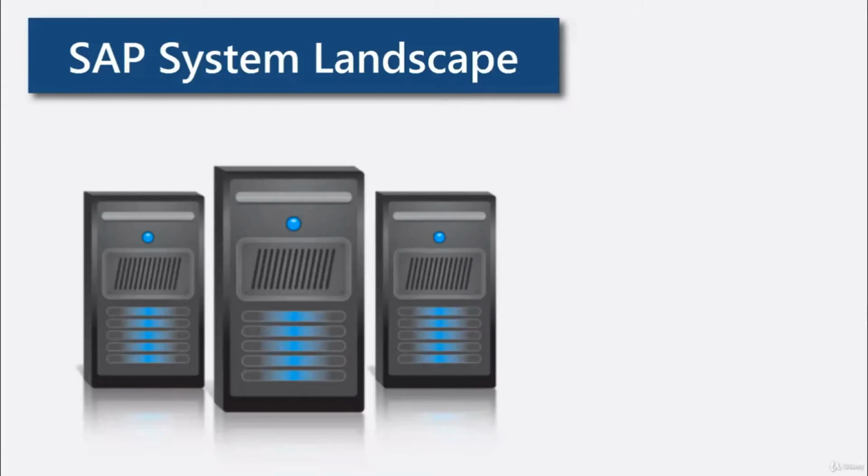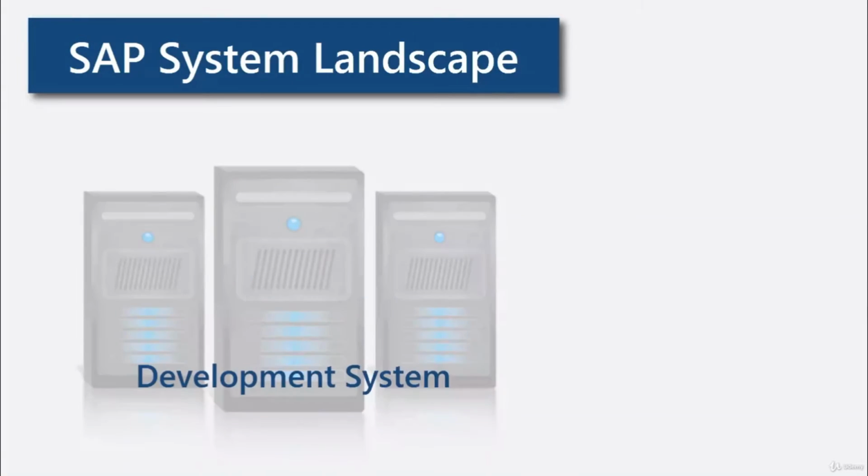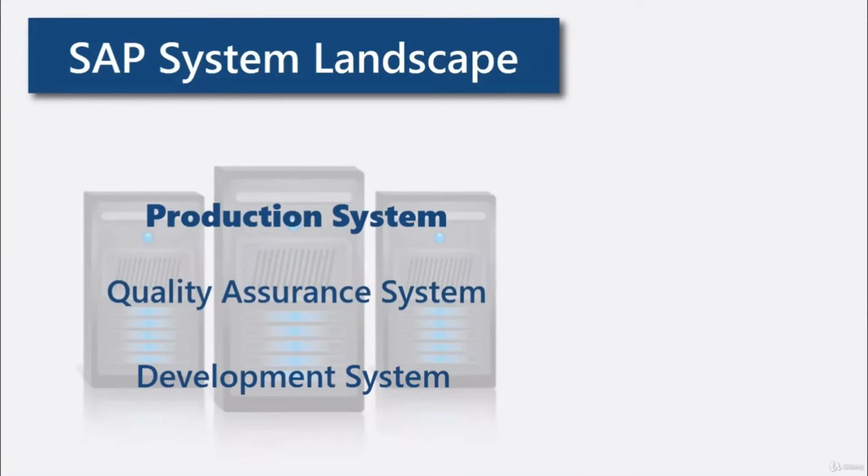It starts with a development system where all the customizing and programming is done. At the top is the production system where the actual business operations are carried out. And in the middle is the quality assurance system, which is a copy of the production system so that all the changes can be tested under real conditions.